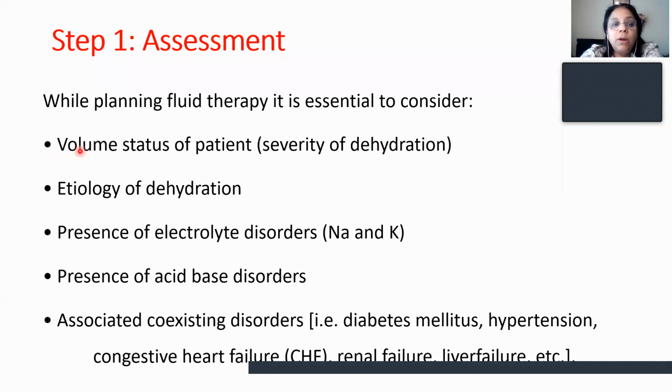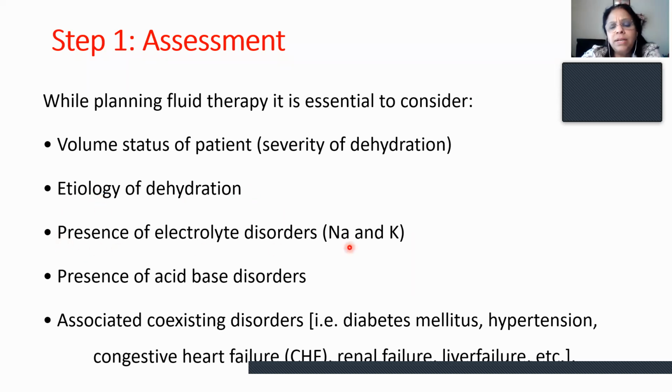Okay, so that is the volume. Then the etiology of dehydration needs to be thought of, because the dehydration could be due to vomiting, bleeding, diarrhea, or anything else. So you need to know the etiology, otherwise you cannot decide which fluid. I told you, right amount of right fluid, right? The volume is okay, and which one is the right fluid is decided by the etiology.